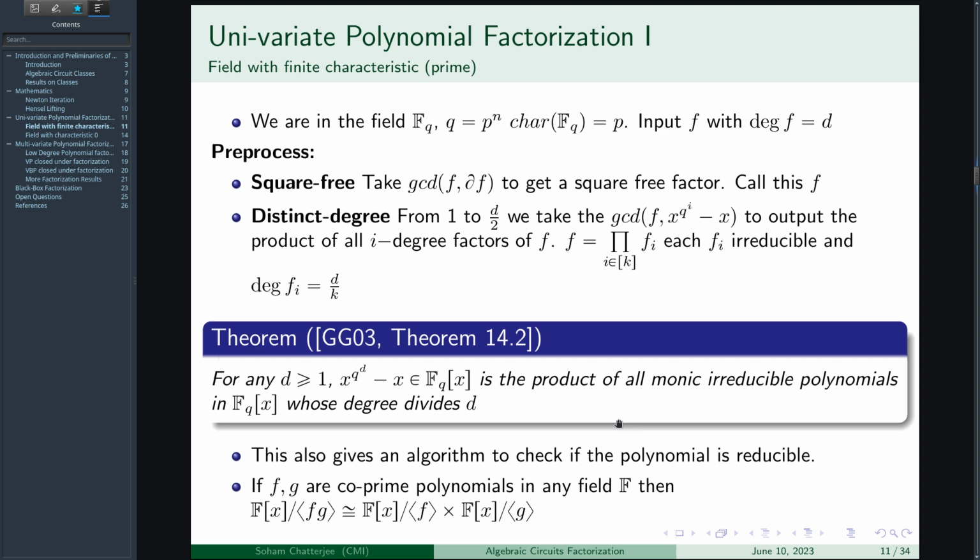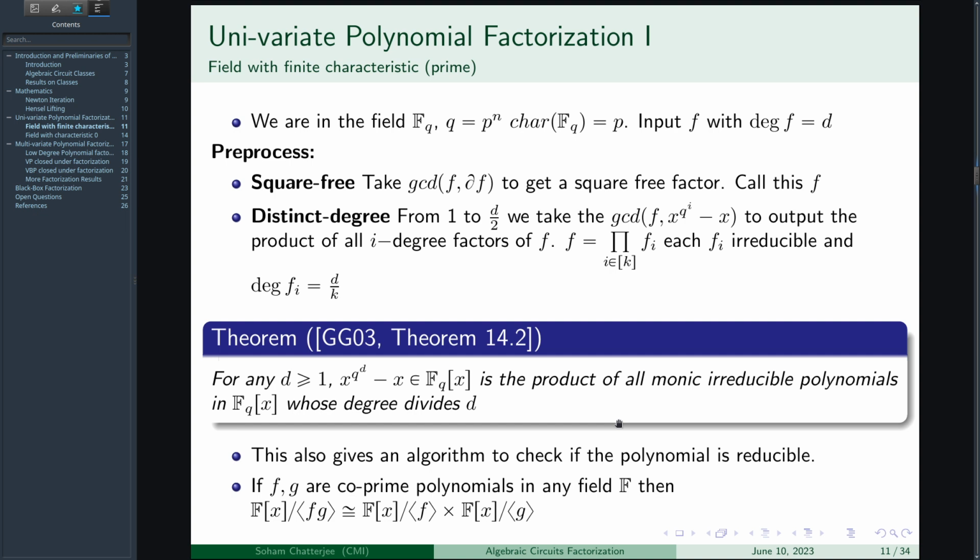So whatever single factor I get will be irreducible. We can easily claim that a factor will be irreducible. We do this very easily, because if you take the GCD of f and its derivative and repeat this process till you get 1, then you can be sure that f and its derivative have no common factors, which actually means that f is square-free.